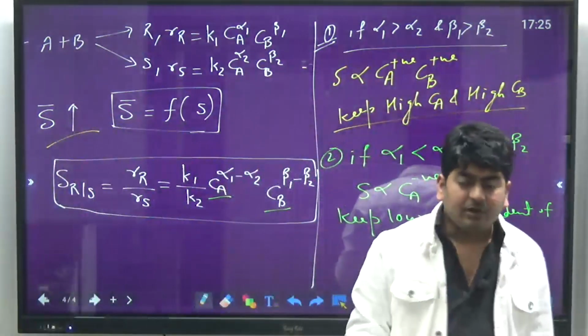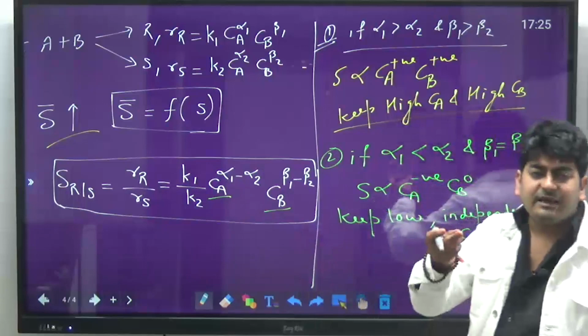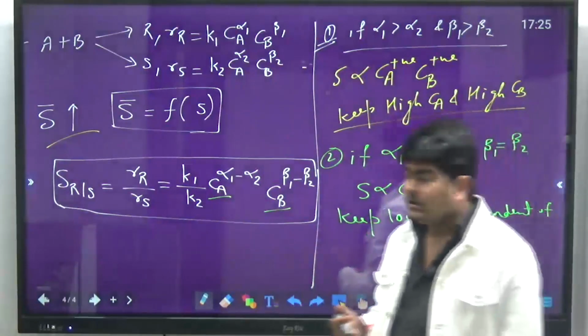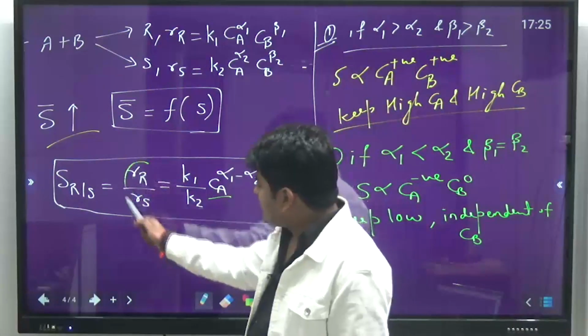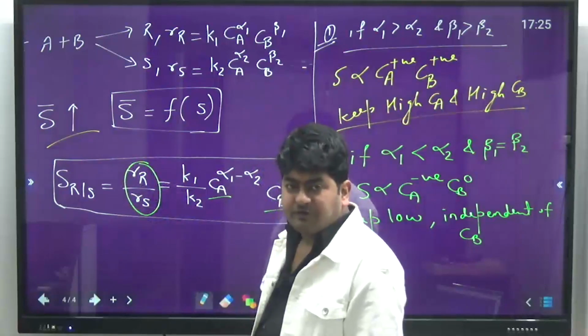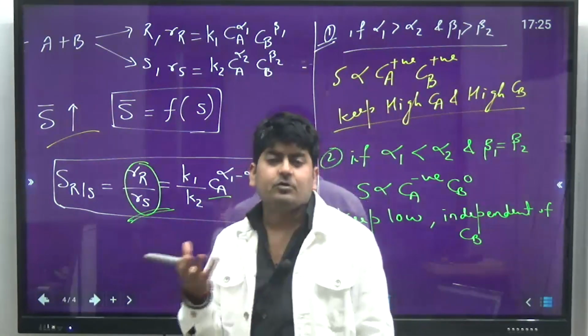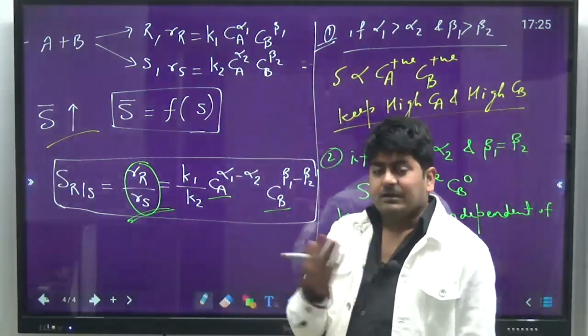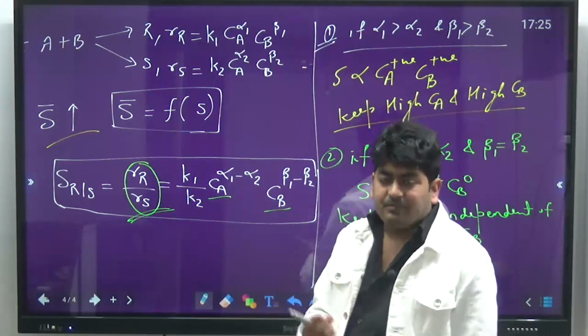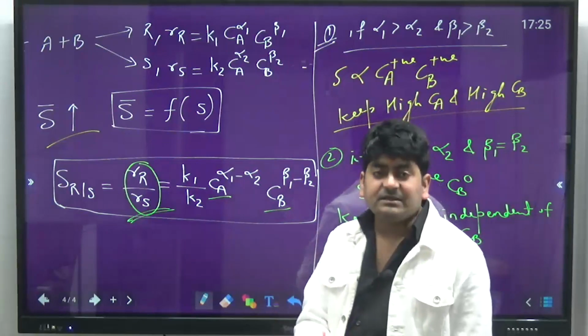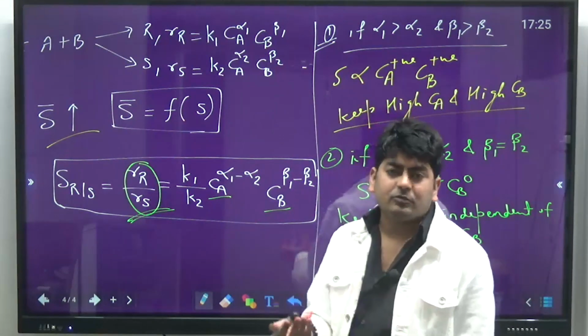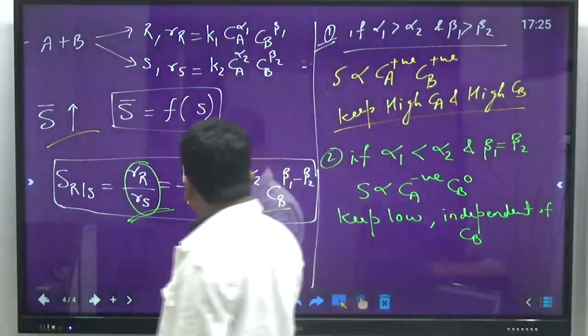Now the question is, what is this concentration? Is this concentration at the inlet, outlet, or within the reactor? This concentration comes because of the rate of reaction, and we can talk about the rate of reaction only when we are within the system, because the reaction takes place within the reactor only, not in the inlet or outlet pipe.